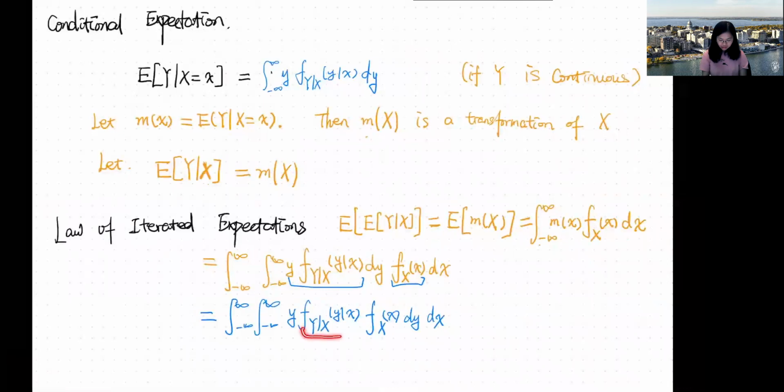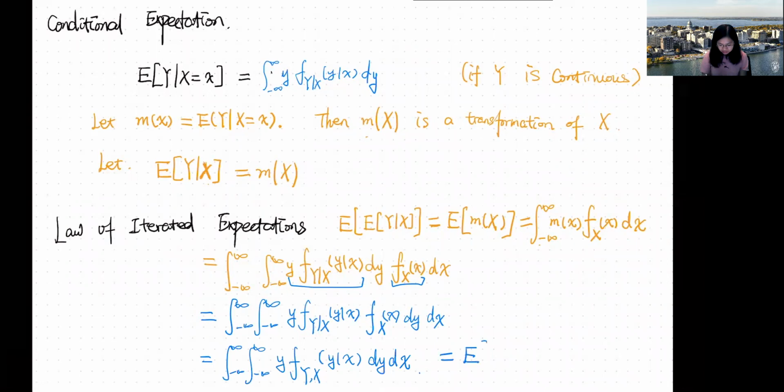So the product of these two equals the joint probability density function. dy dx, and that's exactly the expected value of y.